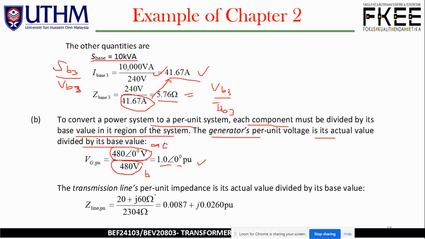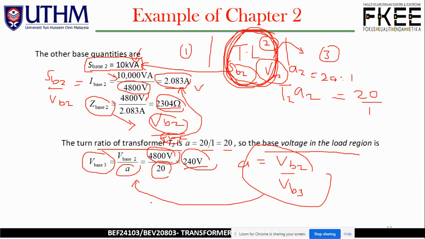Now the transmission line's PU impedance is its actual value again divided by the base value. So we have actual over base, and over here Z line PU. This is what is provided in this question, the actual value divided by the base value 2340, which is the ZB2. So where is the ZB2? It is over here.